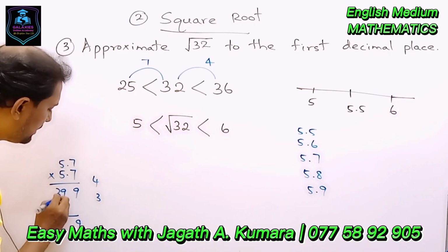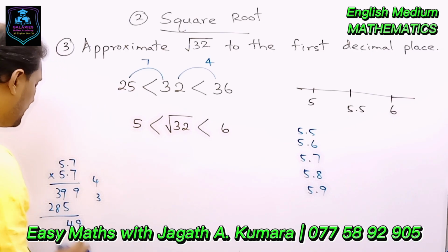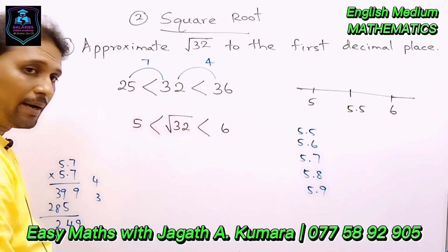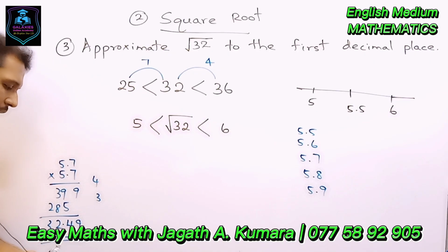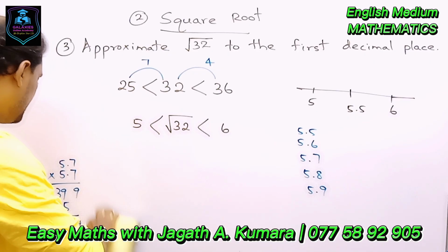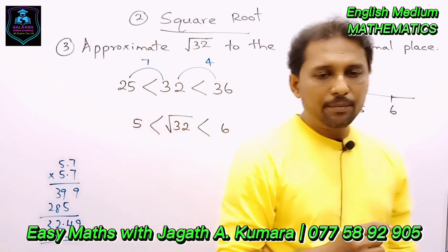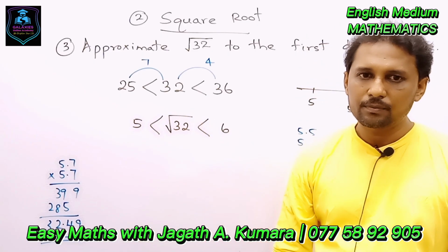Add: 9, 9 plus 5, 14, remaining 1. 1 plus 3, 4. 4 plus 8, 12, remaining 1. 1 plus 2, 3. Then also there are two decimal places we have to keep. So I got the answer 32.49. 32.49 means this value is greater than 32, no?